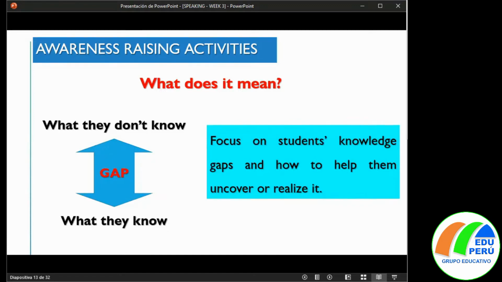These activities are useful to make our students' knowledge more complete, so that they don't have a lot of gaps. And we are going to help them, using these activities, to uncover or realize this. So this is the purpose of awareness raising activities, to fill this knowledge gap between what they know and what they don't know.